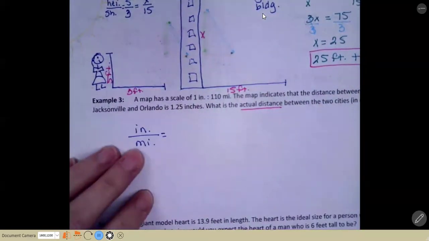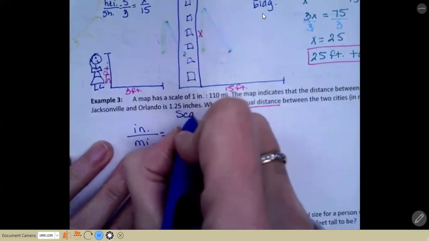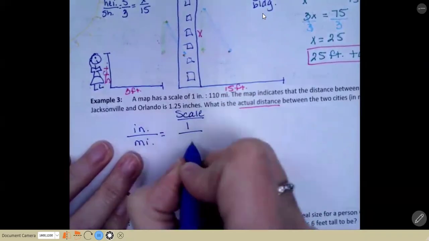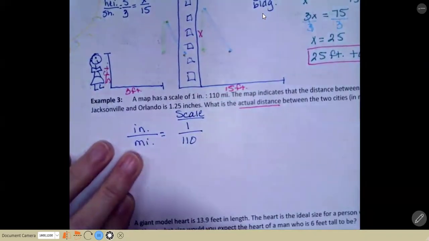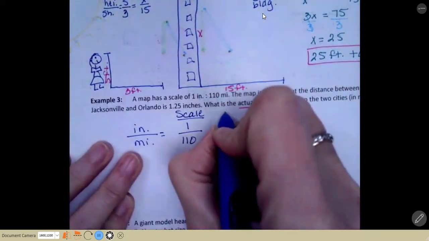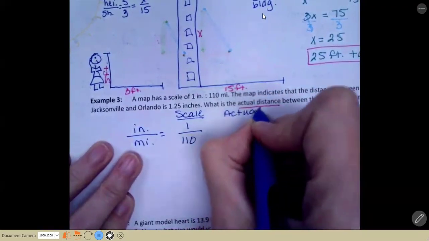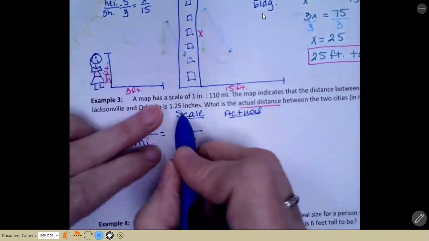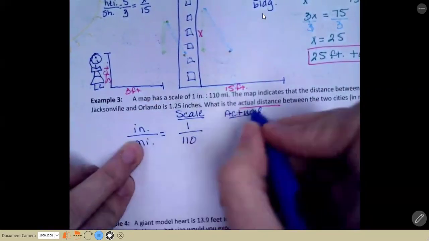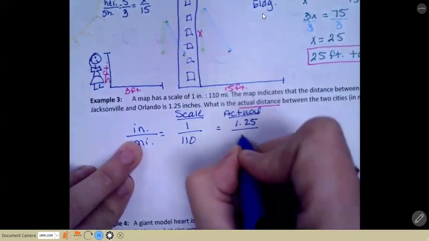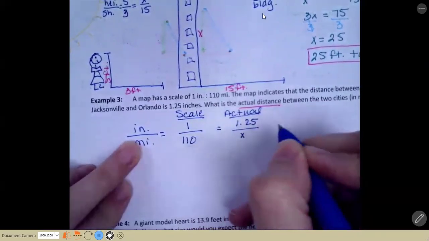So if the scale is 1 inch is 110 miles, then to figure out the actual, it's going to be inches, 1.25 inches over a certain number of miles.